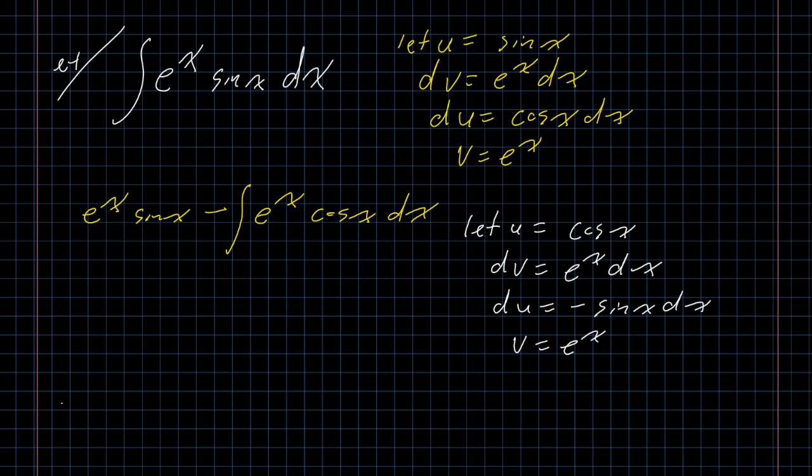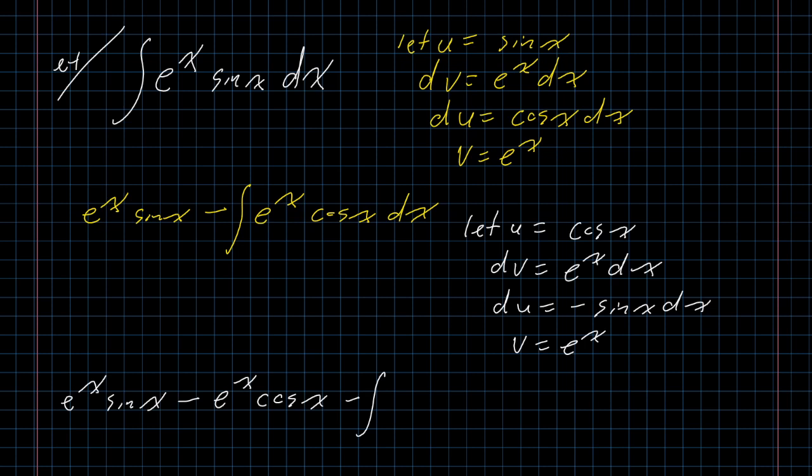So my e to the x sine x stays in front. Then I have minus u times v. It's going to be e to the x cosine x. And then minus is going to be plus the integral of v du. Of course, there's a minus in there, so I guess we're back to minus out here.